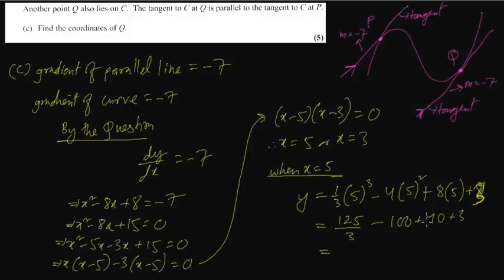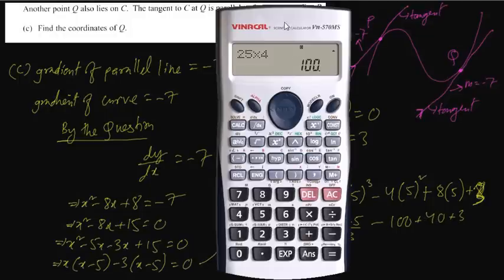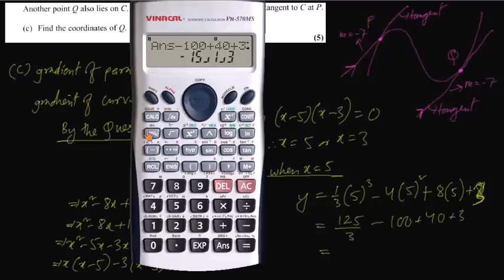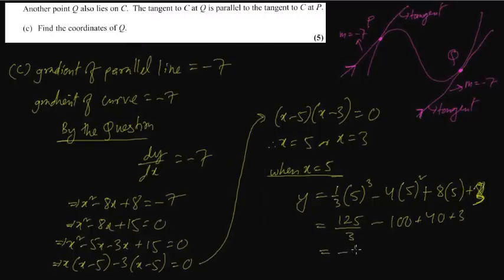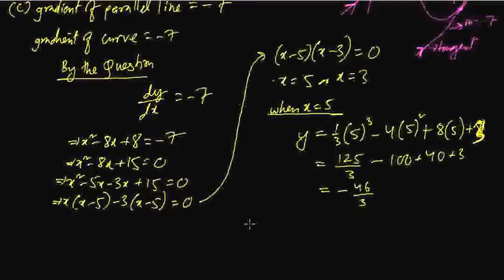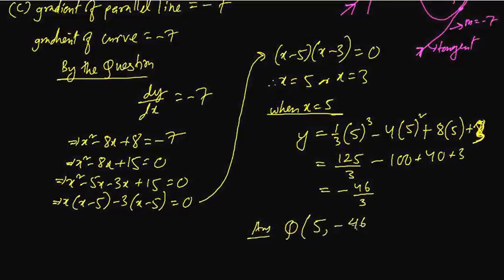So let's do this together: 125 by 3 minus 100 plus 40 plus 3. That makes it minus 46 by 3. Minus 46 by 3. So the answer: Q has coordinates 5, minus 46 by 3.